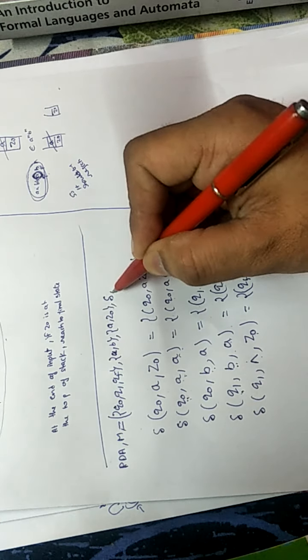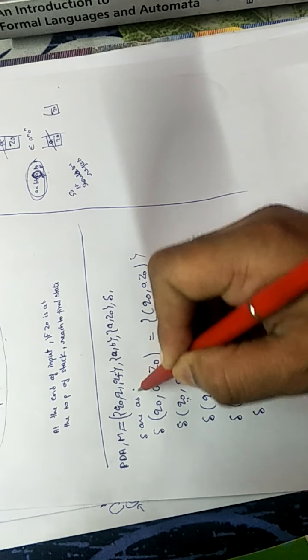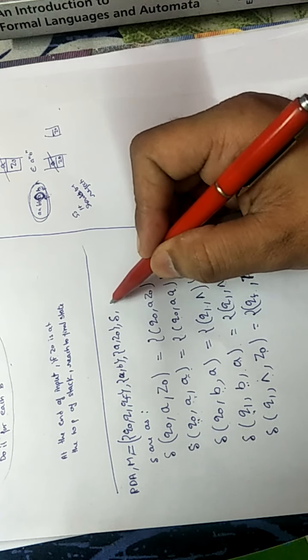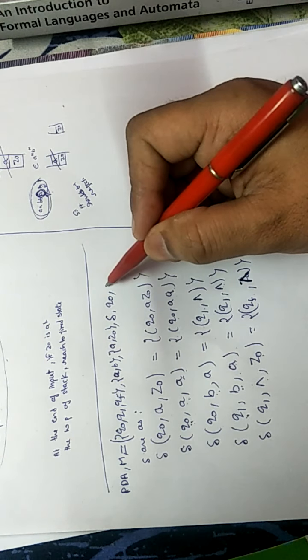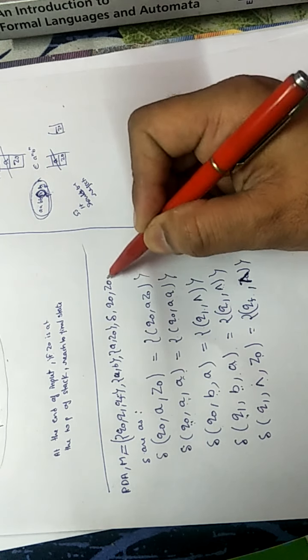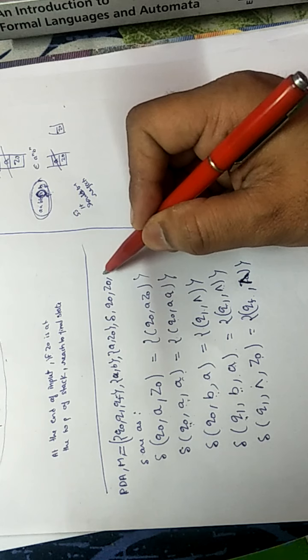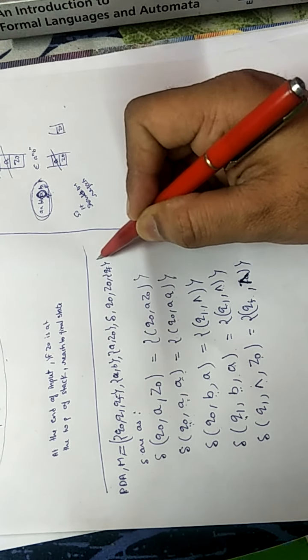Fourth one is the transitions. Transitions are as shown. Fifth one is the start state, that is Q0. Sixth one is the stack initial symbol, that is Z0. And seventh one is the set of final states, that is QF here.